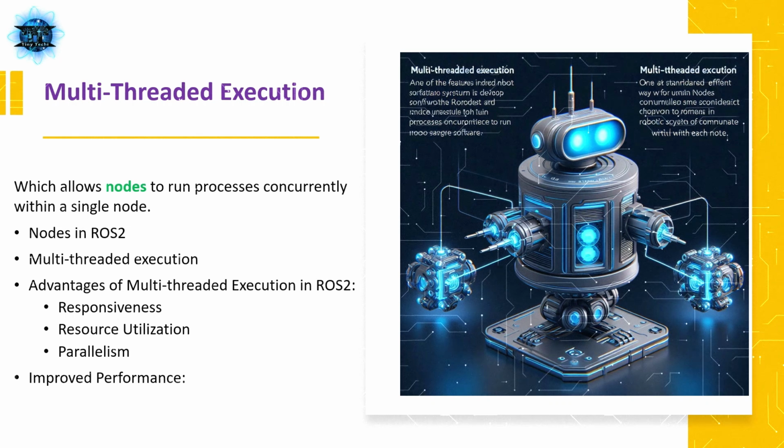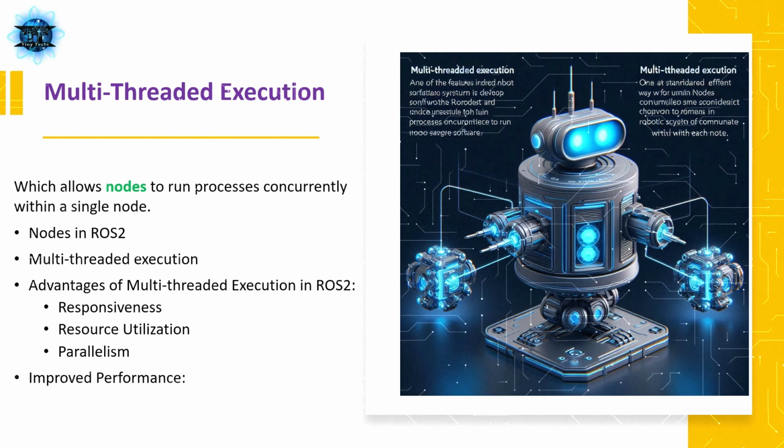Now, the second feature under this is multi-threaded execution. So what does multi-threaded execution mean? Whenever threaded execution comes into the picture, we are always going to talk about nodes.